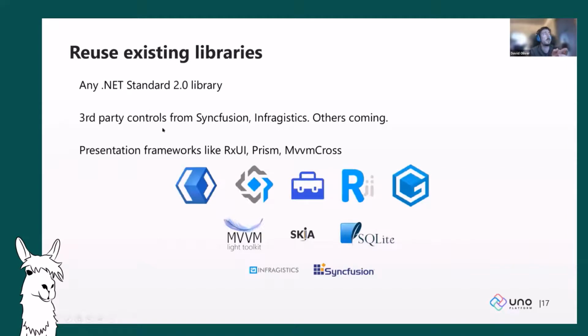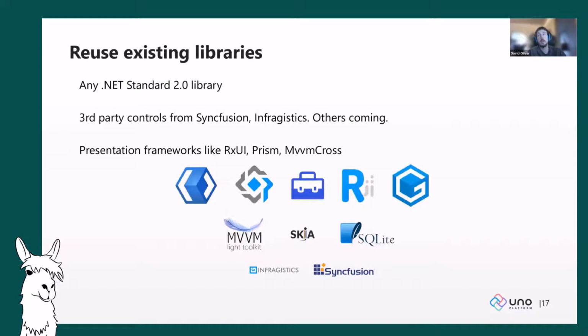So you can reuse existing code. Of course, you can use portable .NET Standard 2 libraries. Since it's compatible with UWP, the great thing is that you can also recompile existing UWP libraries for Uno. So that's been a big help in jump-starting the ecosystem. So there's supported presentation frameworks like Reactive UI, Prism, MvvmCross.